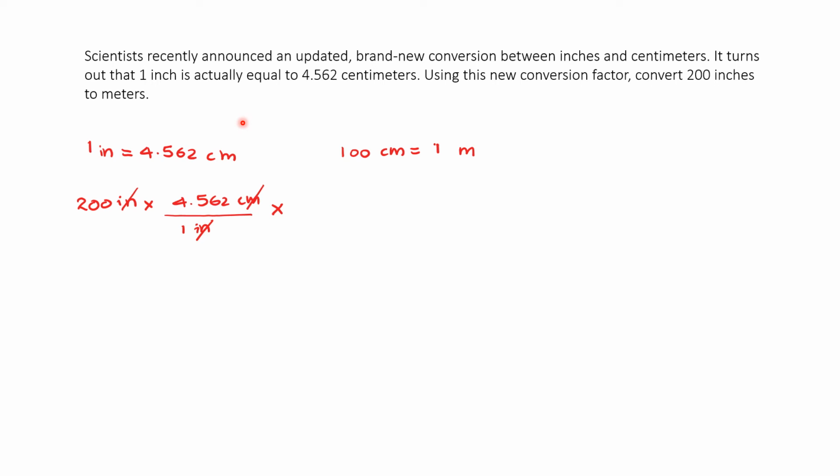So let's start with your subject of the question, 200 inches, and you are going to write this fraction in such a way that inches and inches cancel out and we are going to end up with centimeters. So in the next step, we are going to write this information in a fraction in such a way centimeters and centimeters cancel out and we are going to end up in meters.